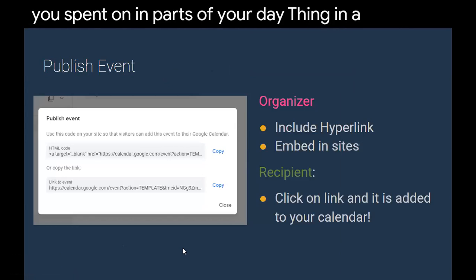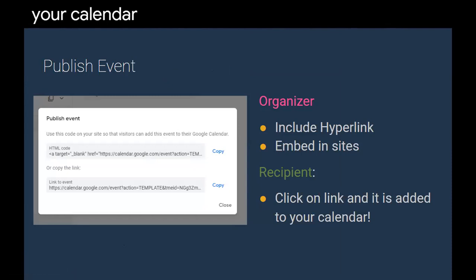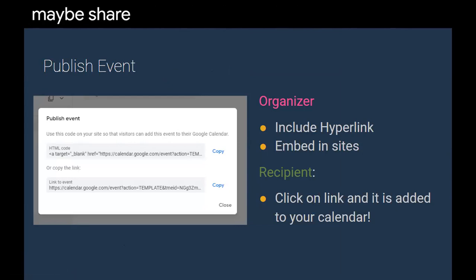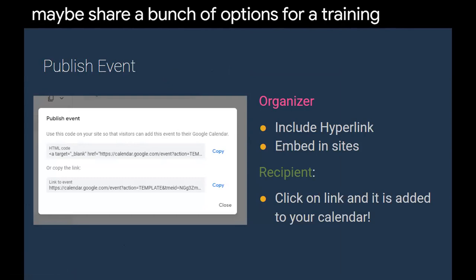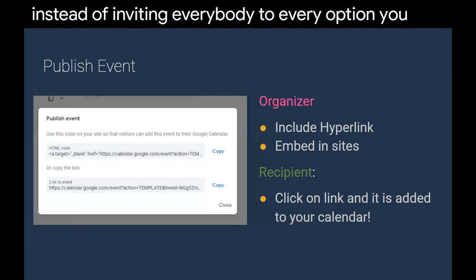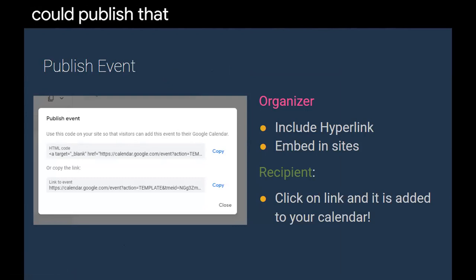Publishing an event on your calendar, what this does is it allows you to maybe share a bunch of options for a training. And instead of inviting everybody to every option, you could publish that event and include the link to option 1, option 2, option 3.